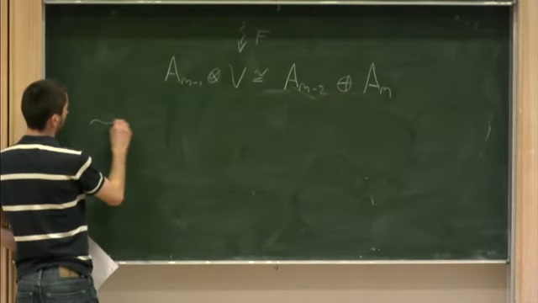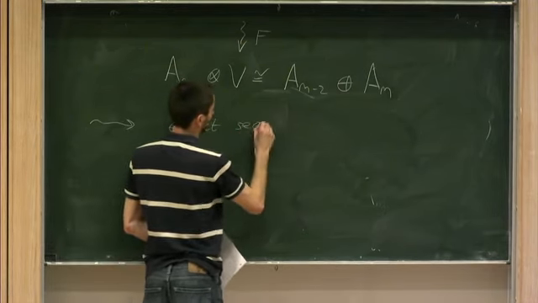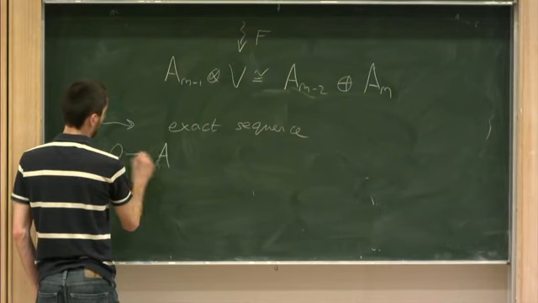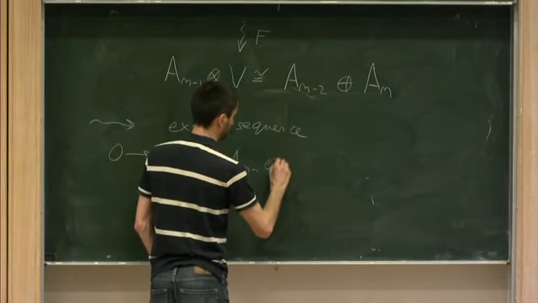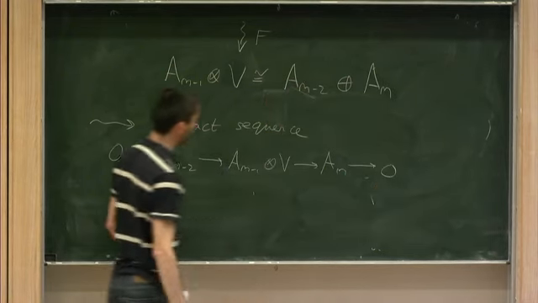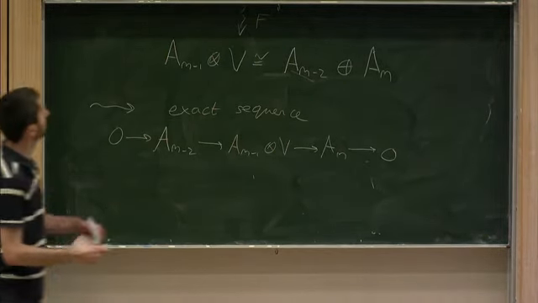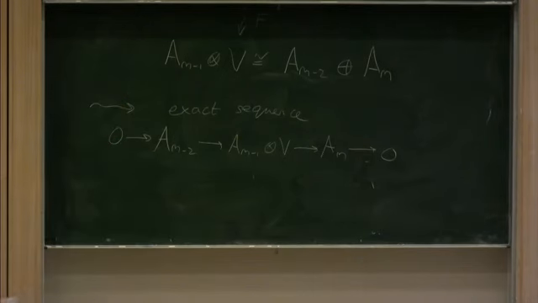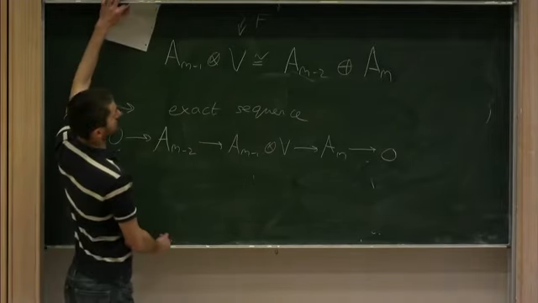And so we get an exact sequence where, as Alistair pointed out, these terms are 0 if f of minus 1 is 0 and f of k plus 1 is 0.